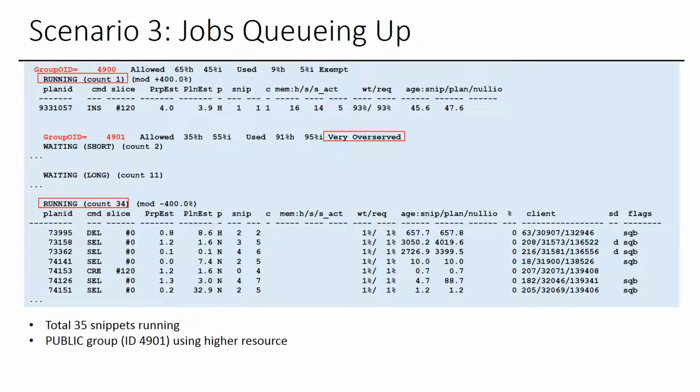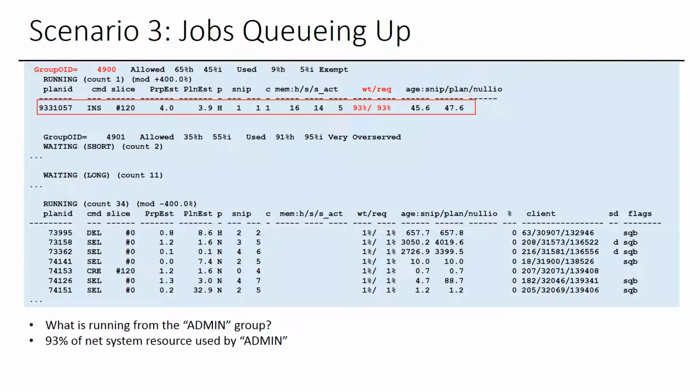The amount of resource used by the public group is much higher than the amount allowed, which is flagged as very overserved. But most interesting here is the running snippet from the admin group. Some job is running from admin and it's taking 93% of the net system resource.